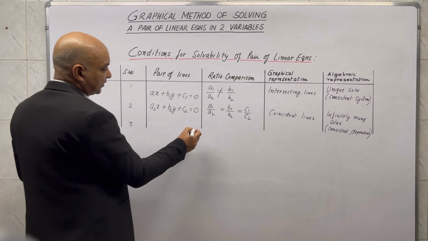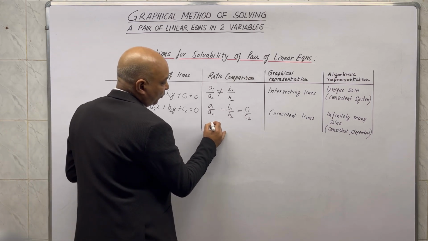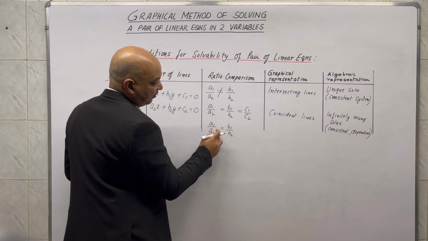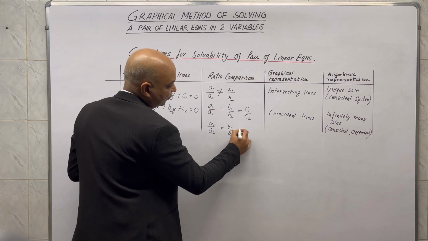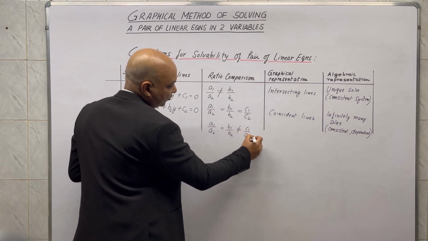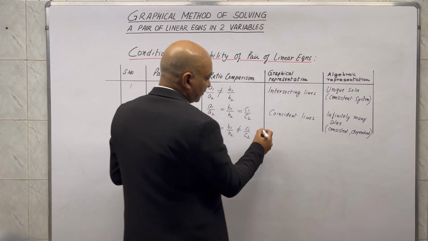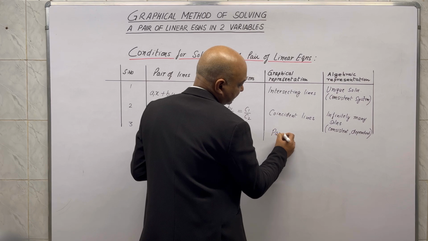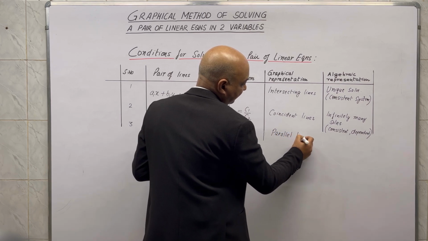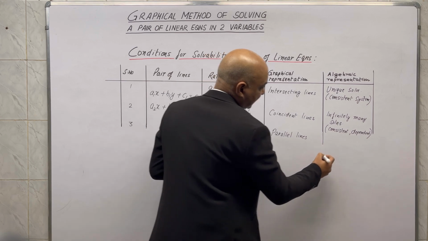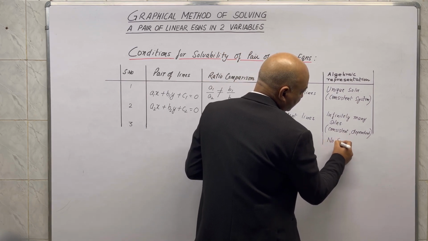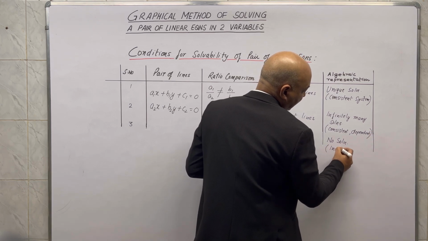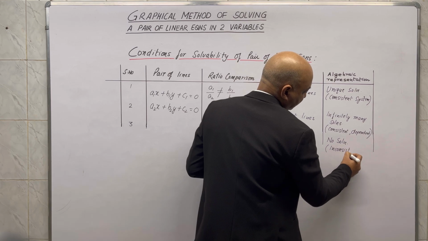Finally, the third case could be that we carry on calculating the ratios. a1 by a2 comes out to be equal to b1 by b2, but is not equal to c1 by c2. In such a case, we have parallel lines on the graph, and algebraically I can say that no solution is possible, also called an inconsistent system.